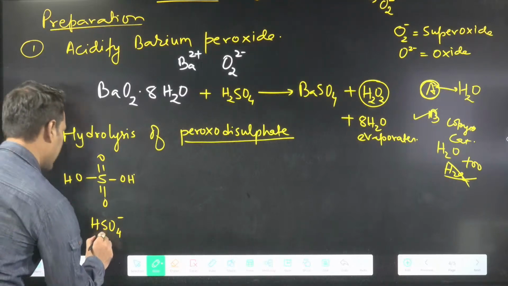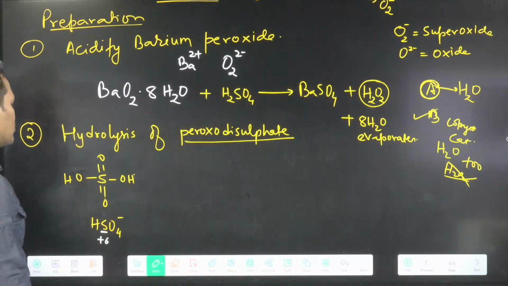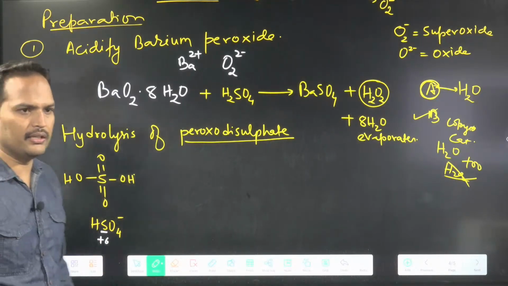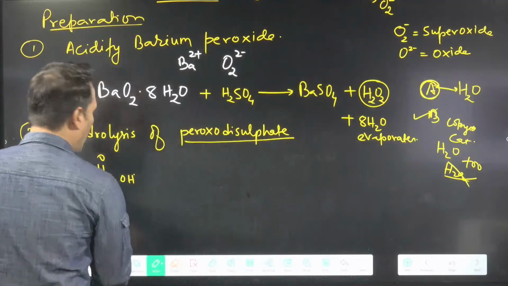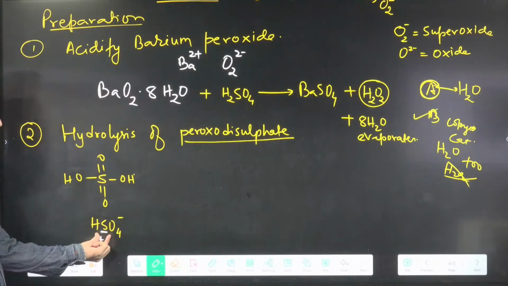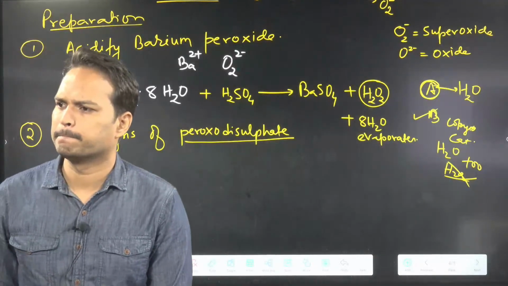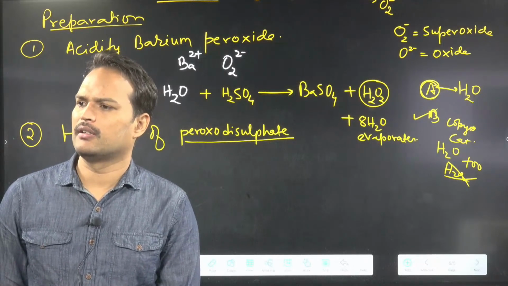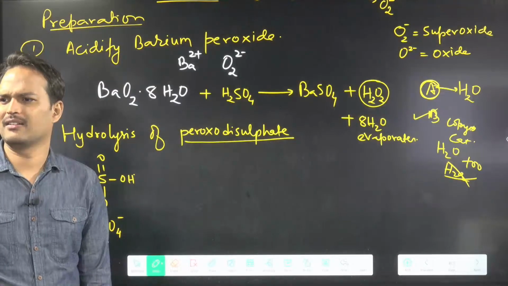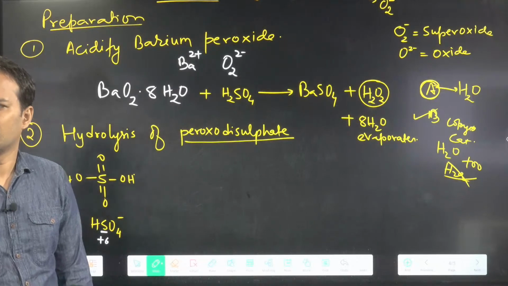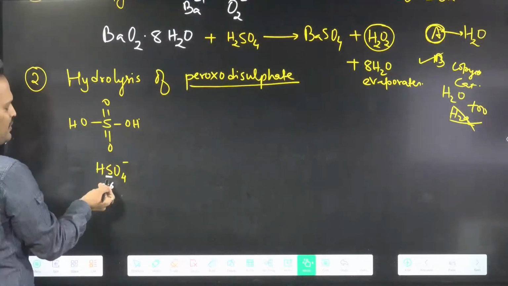Now see what happens. Here sulfur is present in +6 and oxygen is present in -2. We also know that the highest oxidation state of sulfur is +6. This is sulfuric acid, remove H plus, you will get this one.